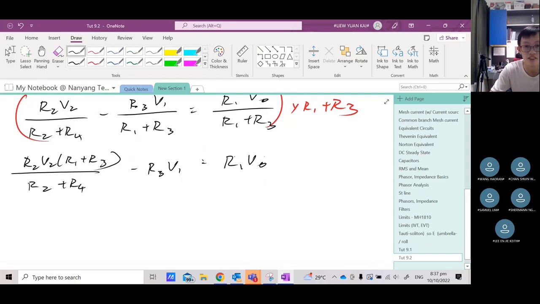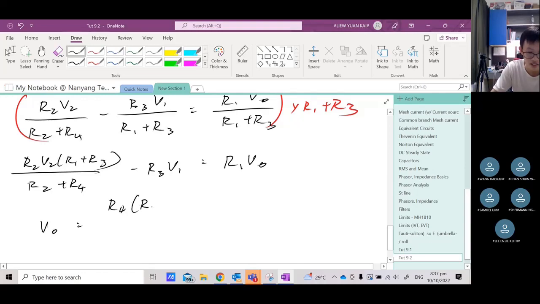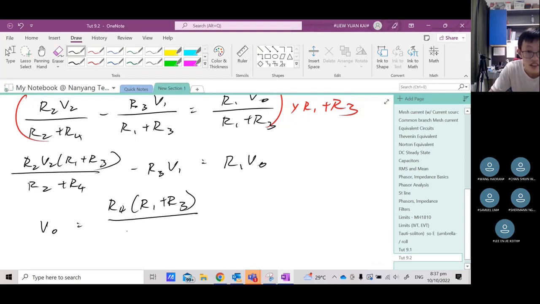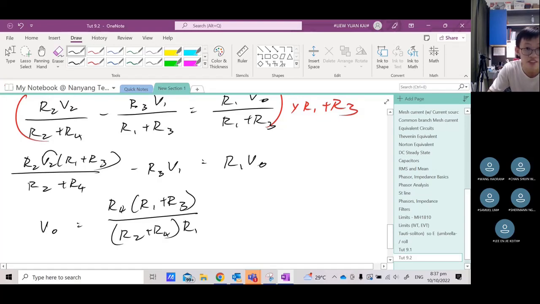Okay, so now we want to make V out alone, so just divide everything by R1. Let me just skip to the end, you should get V out equals R4 (R1 plus R3) over (R2 plus R4) R1, times V2, minus R3 over R1 times V1.